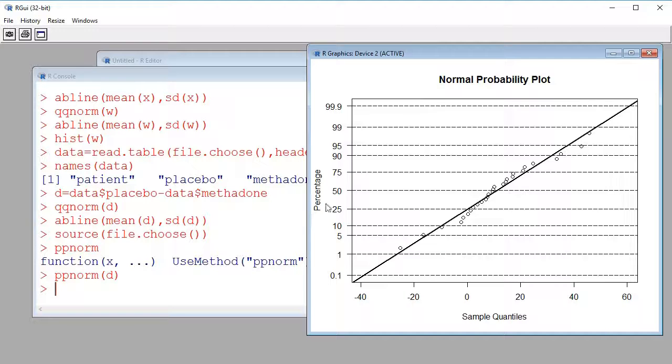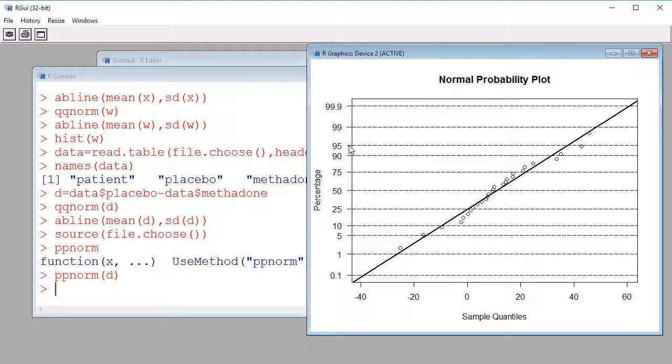The vertical axis represents the theoretical quantiles. So these are actually the Z values. But instead of giving a Z value, we give the corresponding probability. So for example, for 0, instead of putting a Z equal to 0, I'm going to say, well, this corresponds to 50%.